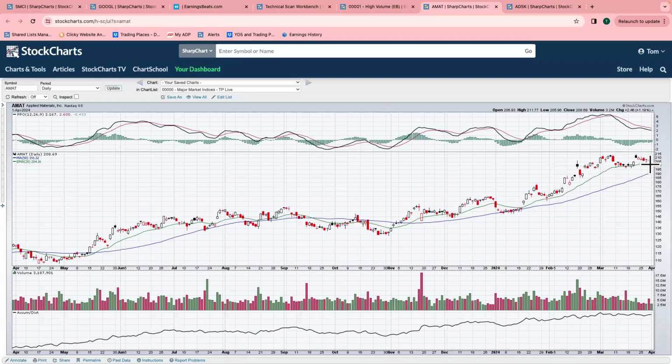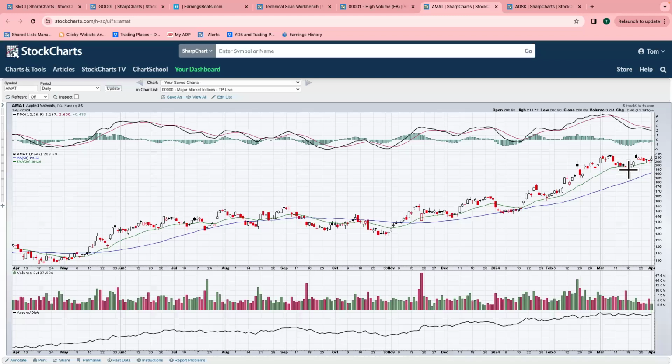Applied Materials, I mean, you could always put your stop in below, say, today's low, 205.96. Oh, no, yesterday's low. Or that would have been Thursday's low, which was maybe around 203. But if this is a cup and handle back to the 20-day, we should be looking for a target of probably about 215 down to 196, probably up to 234.